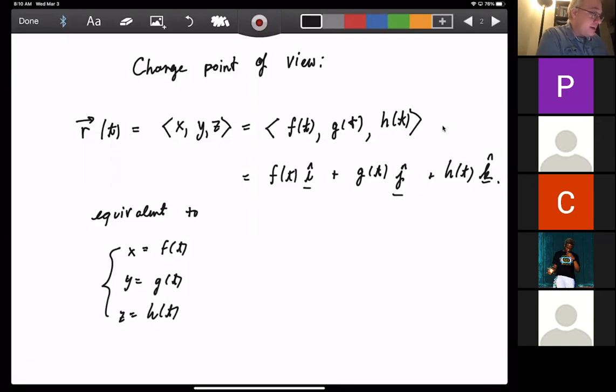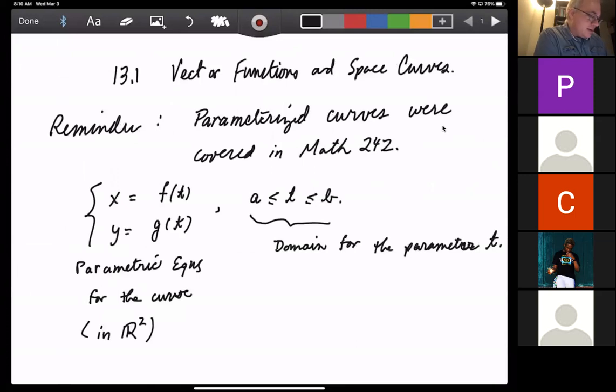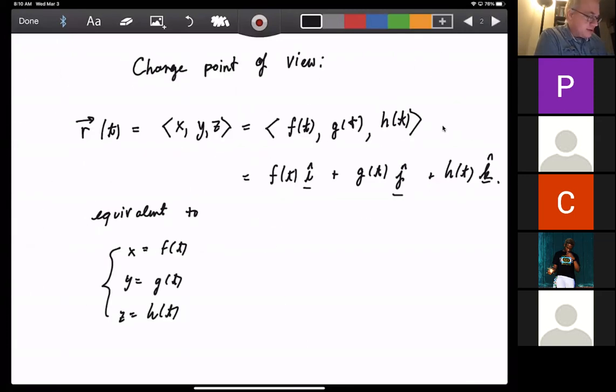And in general, just like we have to do for the parameterized curves, we need to specify the domain. So we could have something like t lives on the closed interval from a to b, for instance.